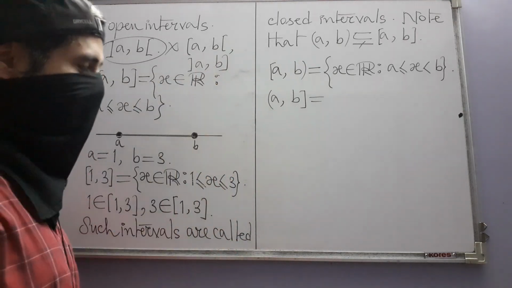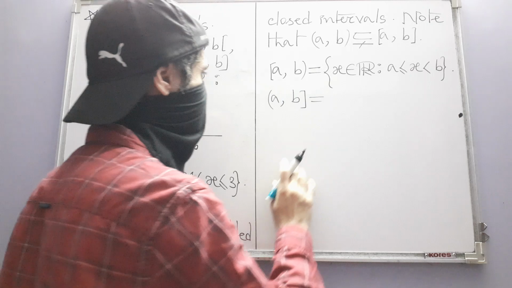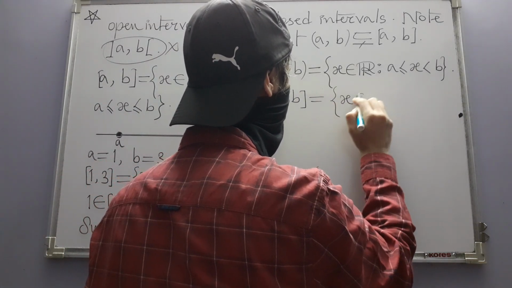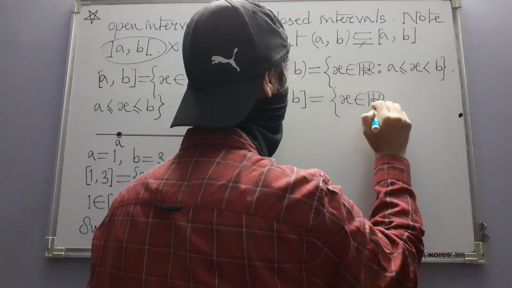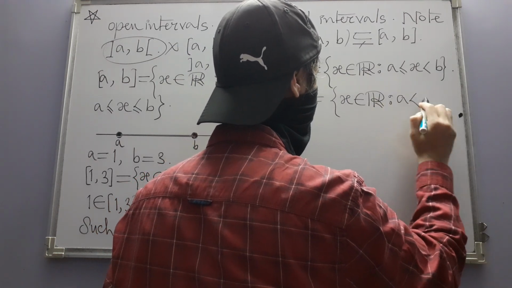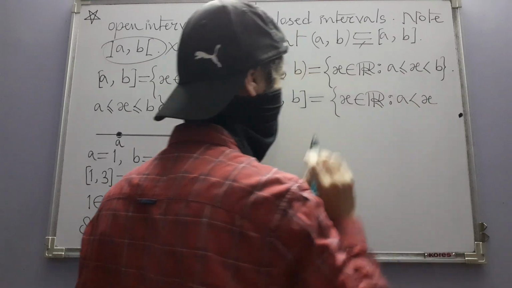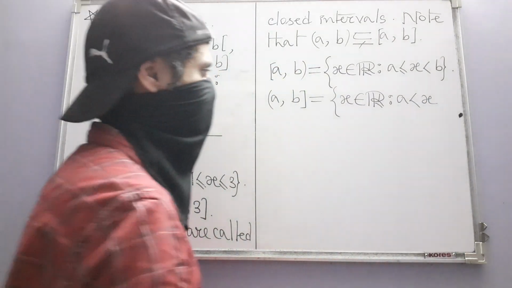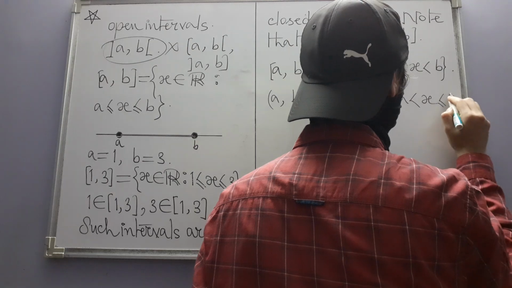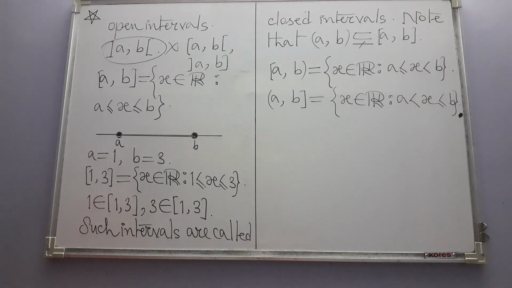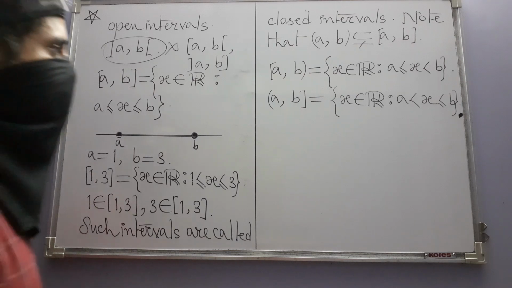It looks very ugly. So this time the inequality on the side of A will be the strict inequality, but on the side of B it will be ordinary inequality, where there is an option for equality.